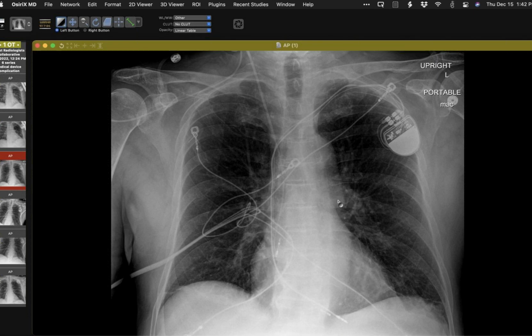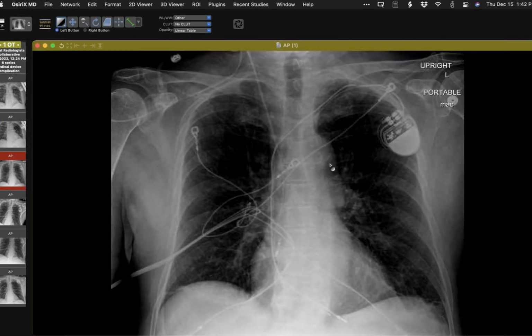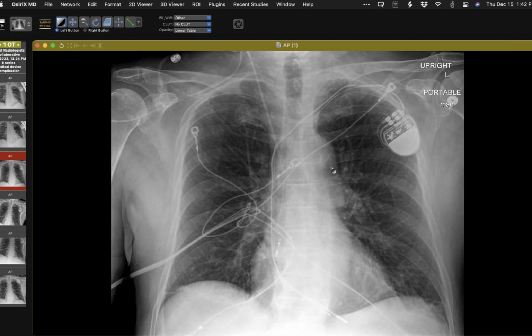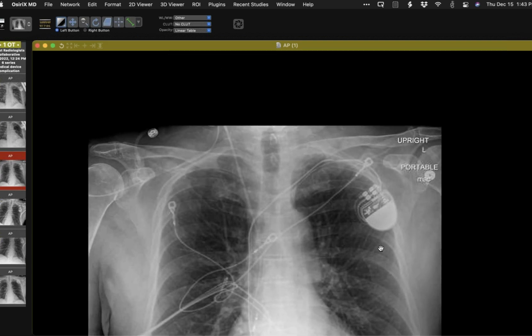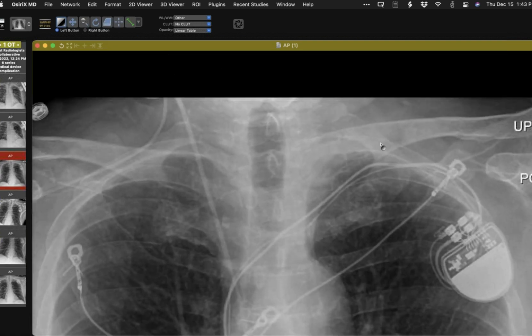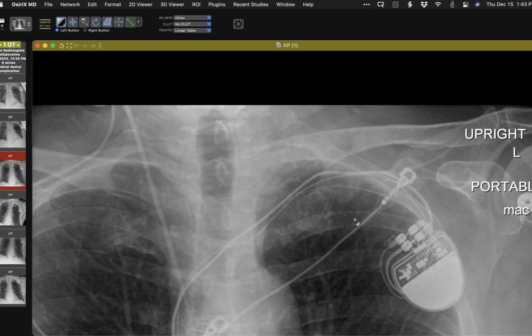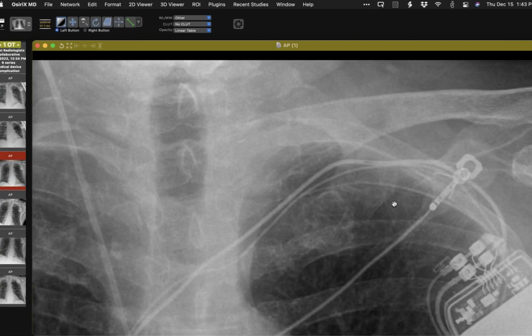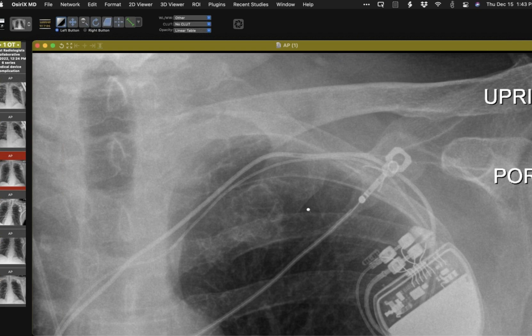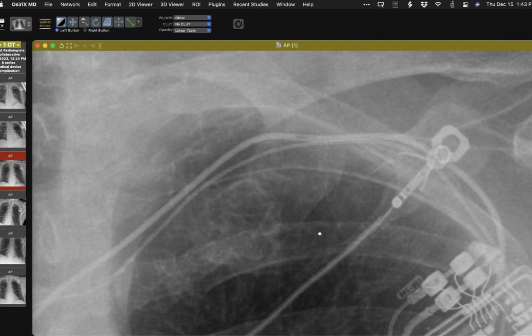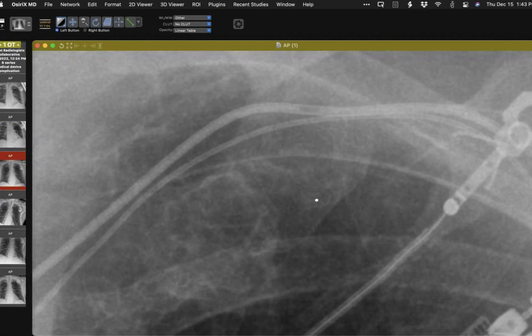And when you see that, it should alert one to do the following, which I think I've shown in a couple of cases before. I always tell my residents, when you're evaluating a pacemaker, and particularly when there are findings and history to suggest a problem, you've got to go to the costoclavicular space and zoom in, because the costoclavicular space is by far the most common location for a disruption.